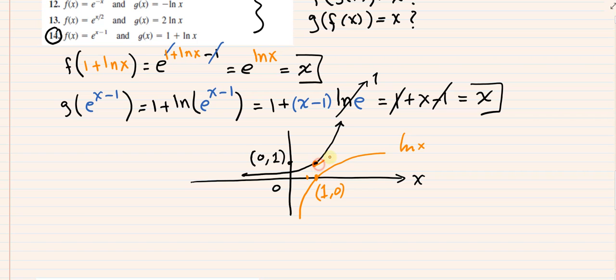So it's going to look like so. That's the graph of ln of x plus 1, or there you go, 1 plus ln of x. And you can see that they are indeed symmetrical. And if you graph it accurately, you can see that they will be symmetric with respect to this line. Okay. There is number 14 for you.